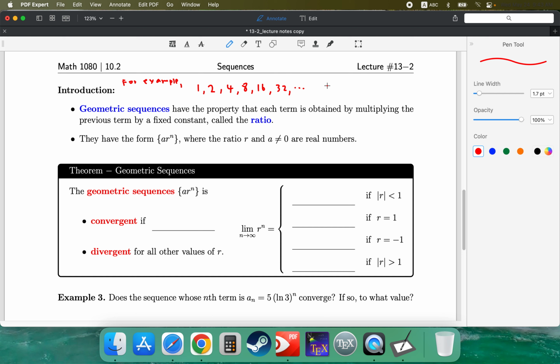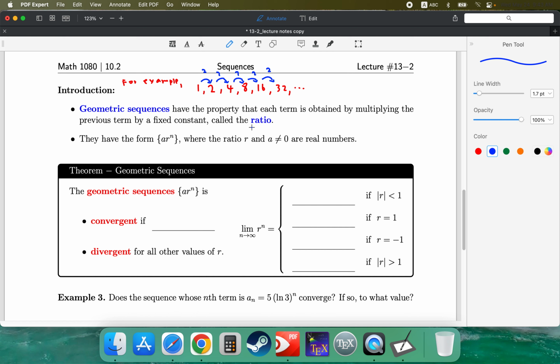Okay, so you can see that we multiply the previous term by 2 to get the current term. And since this number is fixed, I don't multiply the first term by 2 and then multiply the second term by 3. No, I always multiply by the same number.